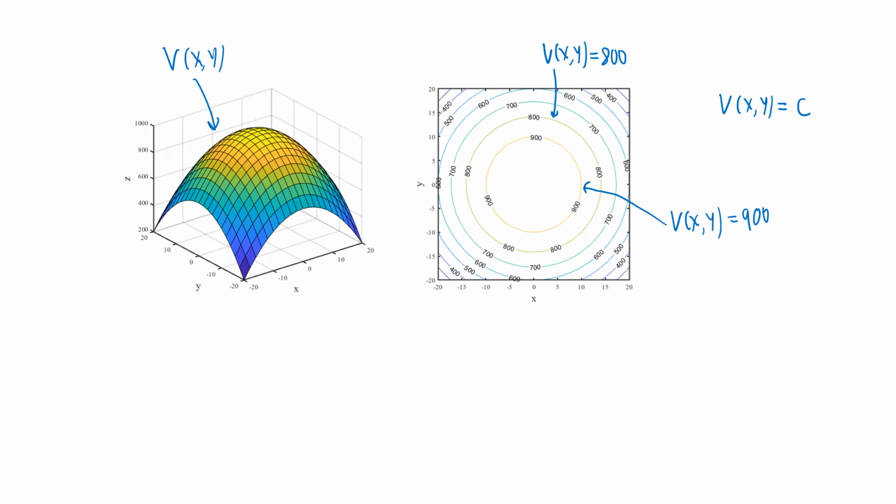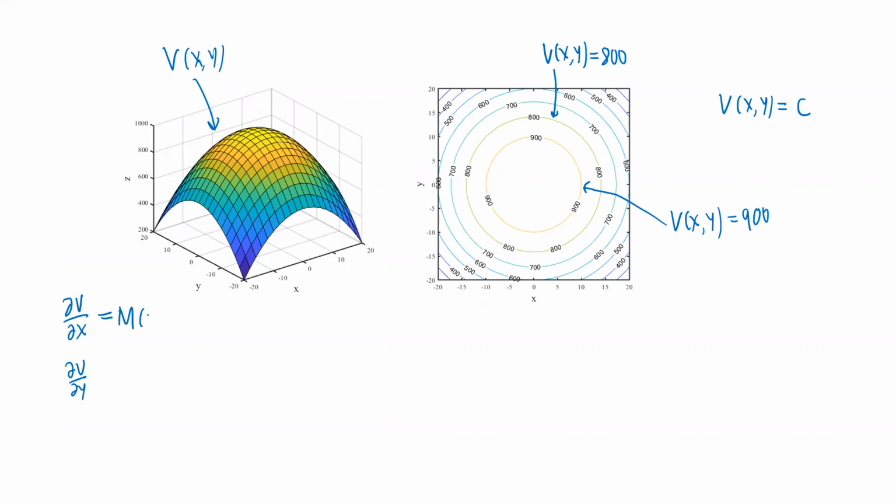But now suppose I don't tell you V(x,y) itself, I only tell you partial V partial x and partial V partial y. Suppose I only give you these two pieces of information. Of course, it depends on what V is, but in general, partial V partial x is also a function of x and y.